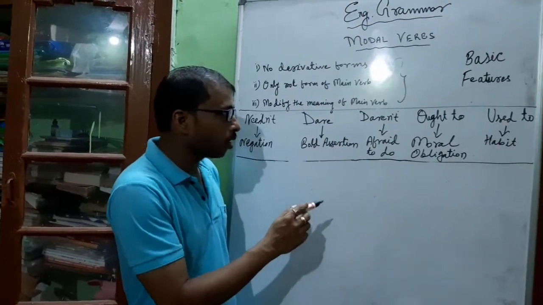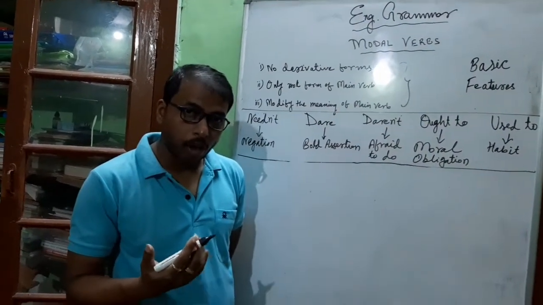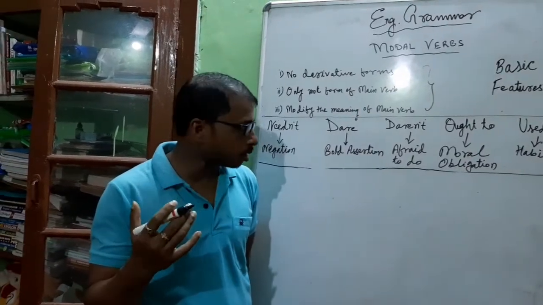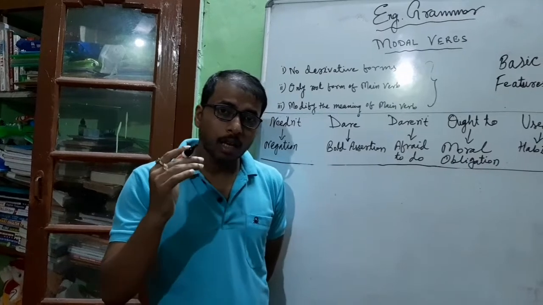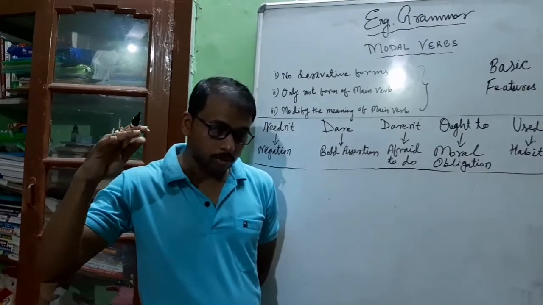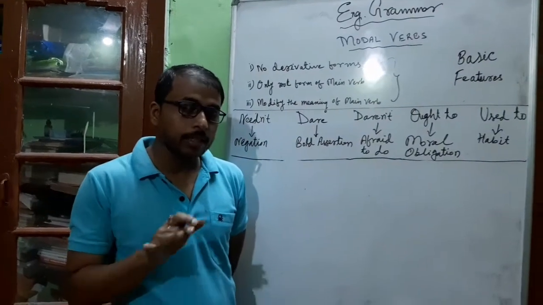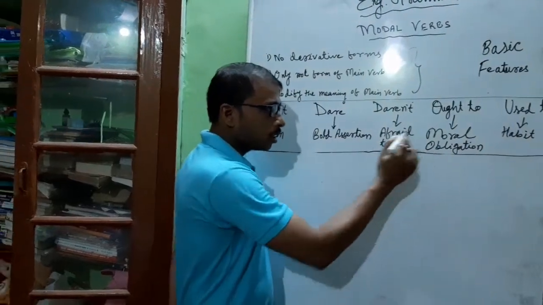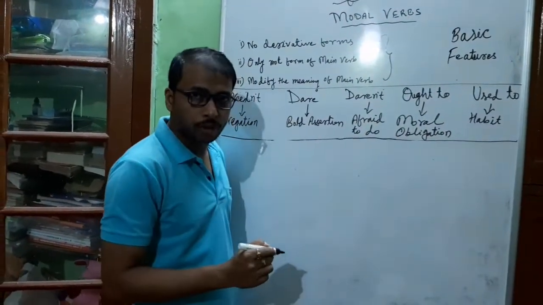Here ought to, we cannot say that it emphasizes too much. Here the level is a little lesser than the must. That's why the obligation is not that much. Here it is a moral obligation or a moral duty for you.